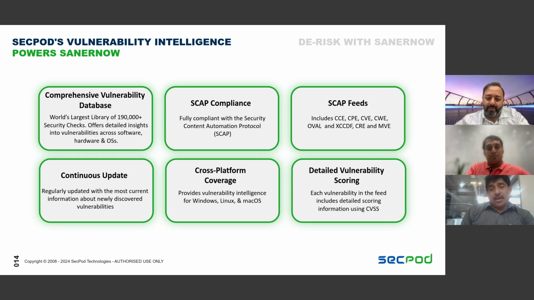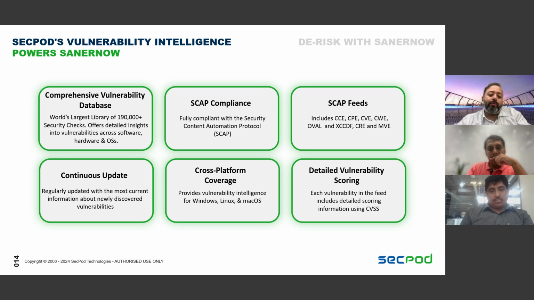Correct. Ravi, would you like to take us through the SCAP repo, a brief showcase so that our audience knows what the SCAP repo is and the kind of intelligence that we have? So again, the SCAP repo is the foundational element for our solution. We kept talking about it throughout our conversation. SCAP is the Security Content Automation Protocol. It's a protocol which can be used to document vulnerability intelligence.